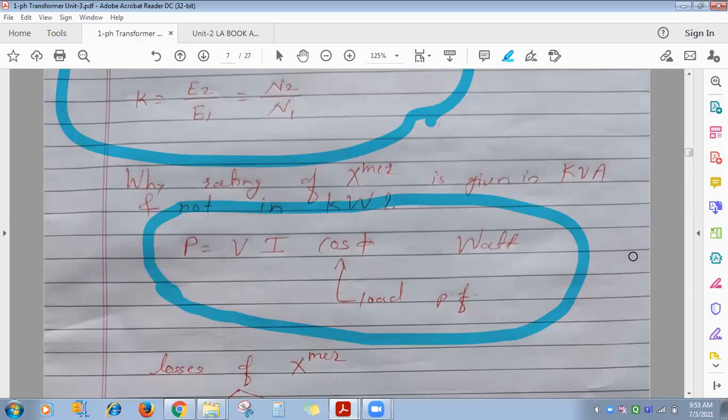We have studied it in the second unit. P equals VI cos phi. Now, if you see any motor you take, like a fan motor or the motor in a food processor, whenever you switch on, you are giving electrical input to that motor and you are getting mechanical output.